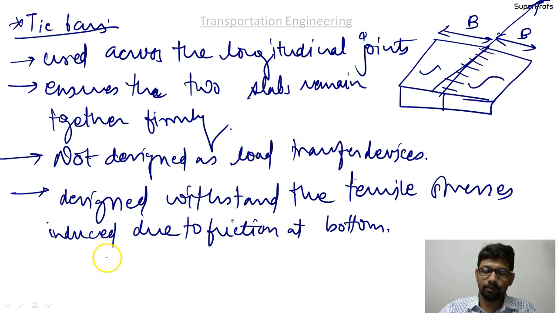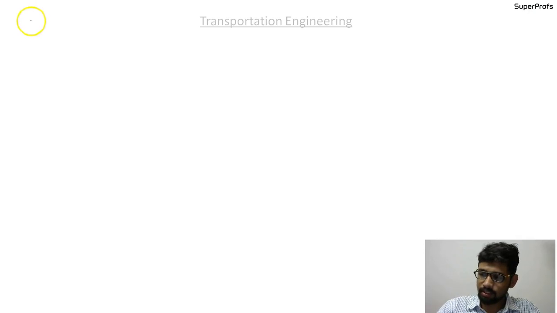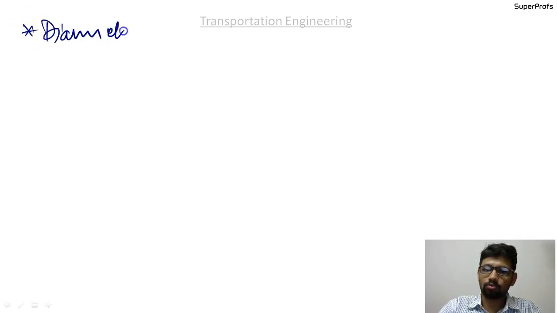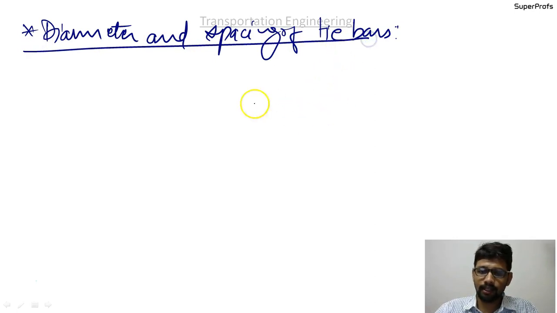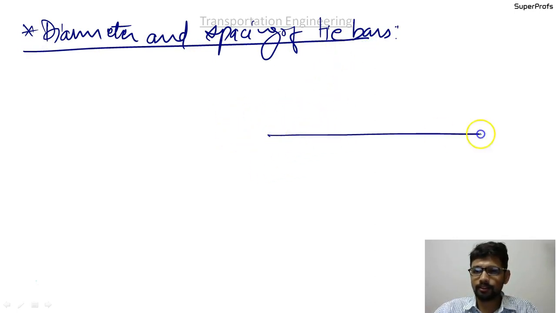So again, the same thing, we will discuss the diameter and spacing of these bars. So please write down the diameter and spacing of tie bars. Okay. So the scenario is of this kind. Let's say that this is the ground level and the pyramid is of this kind.